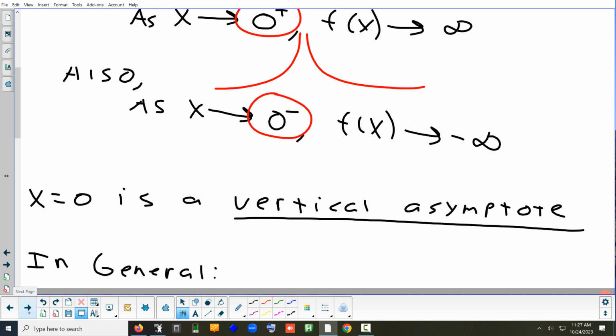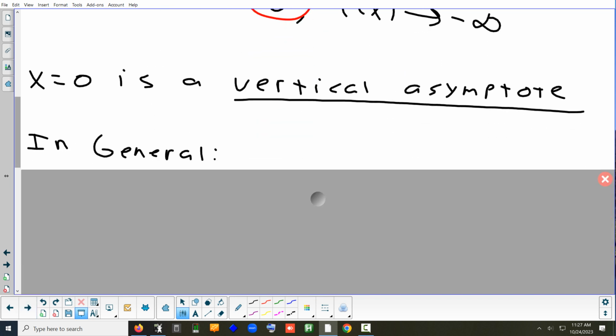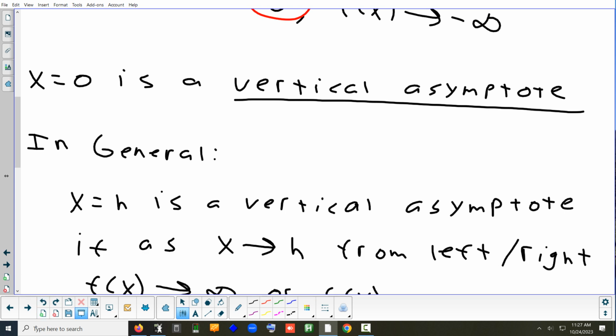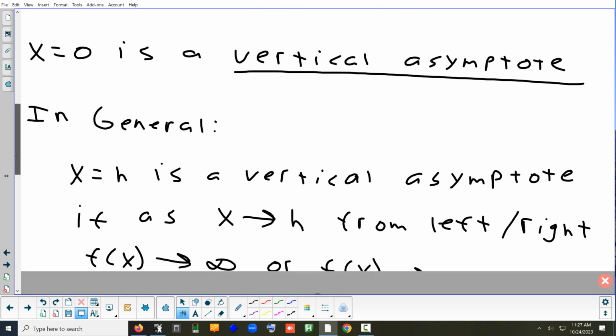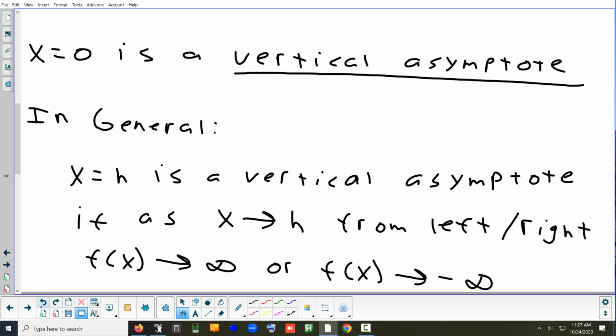And this is why we spent so much time in chapter 3 learning how to set an equation equal to 0 and solve it, because that's how you find vertical asymptotes. You set the denominator equal to 0, and you solve. All right, so that's just more of a visual description of what's happening.